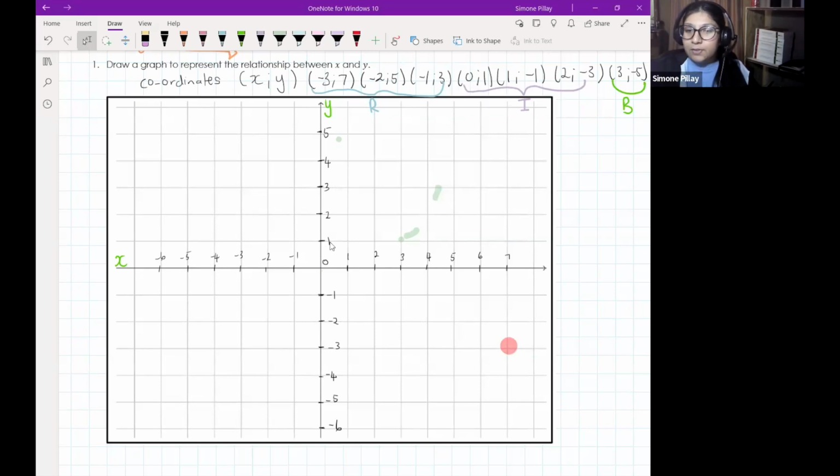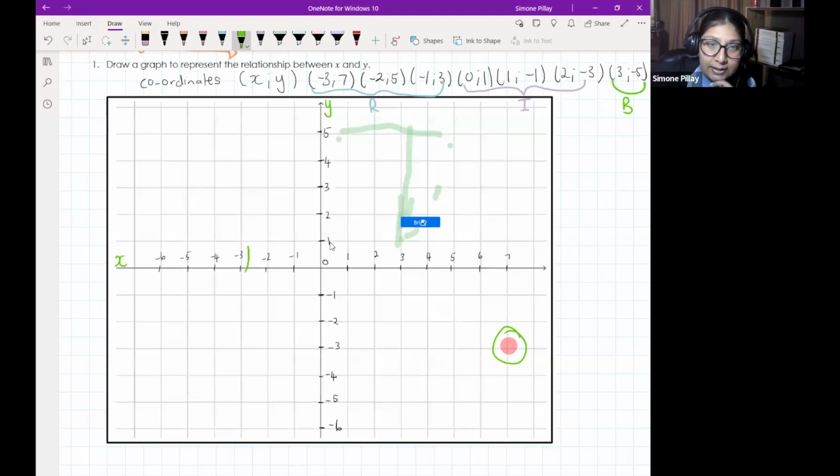You've plotted your point perfectly, but remember, we were supposed to go to -3 on our x-axis. So -3 on our x-axis is here. Do you see that?